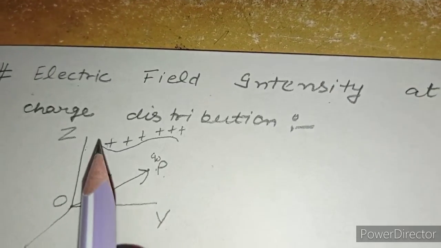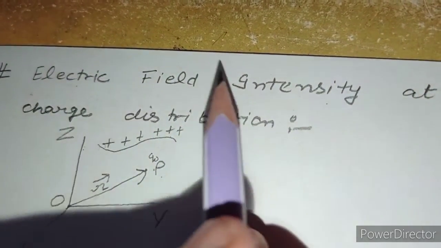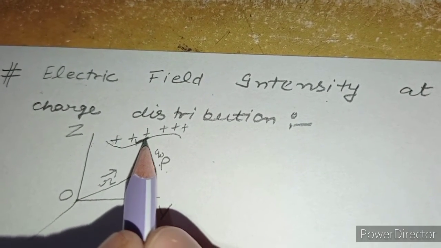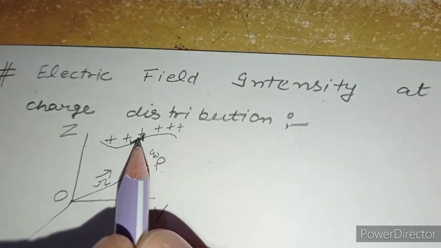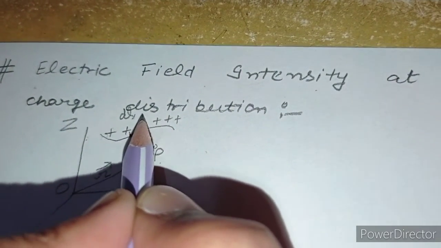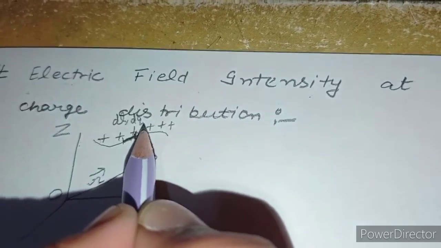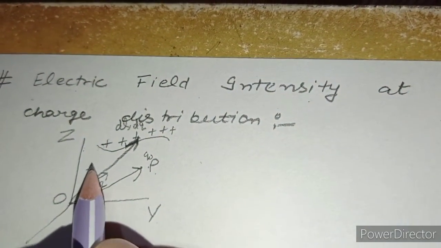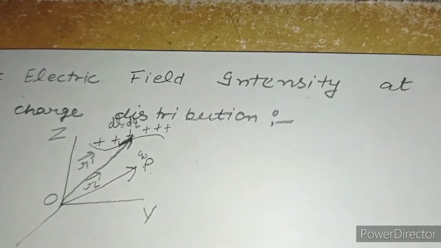Firstly, we will calculate the electric field intensity due to a small charge element. Suppose this small element is of length dl, the charge on this element is dq, and the position vector of this element is r dash vector.